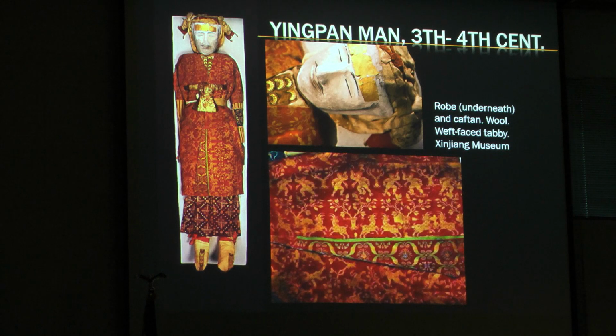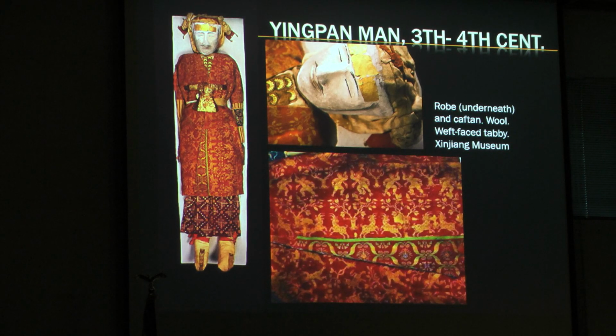The Yingpan Man is another mummy, discovered in the Yingpan cemetery. He is incredibly preserved, and as you can see, is wearing a golden mask, which is basically a Greek tradition, or whatever remained of a golden mask. You have only the golden leaf on the forehead. And a beautiful robe, again in weft face wool, with cherubs and Roman and Hellenistic motifs.